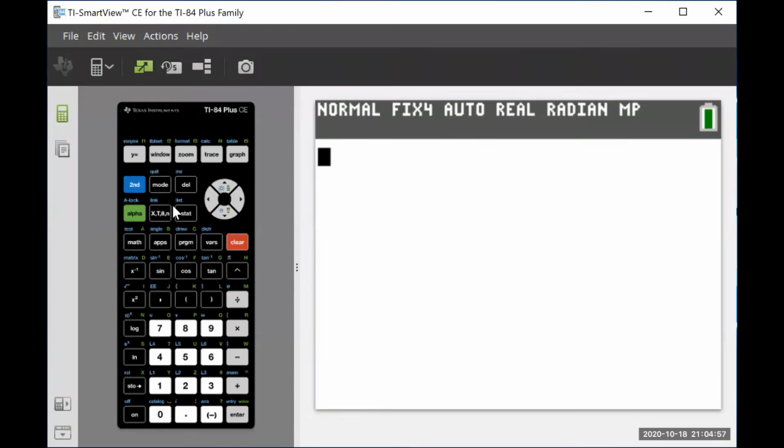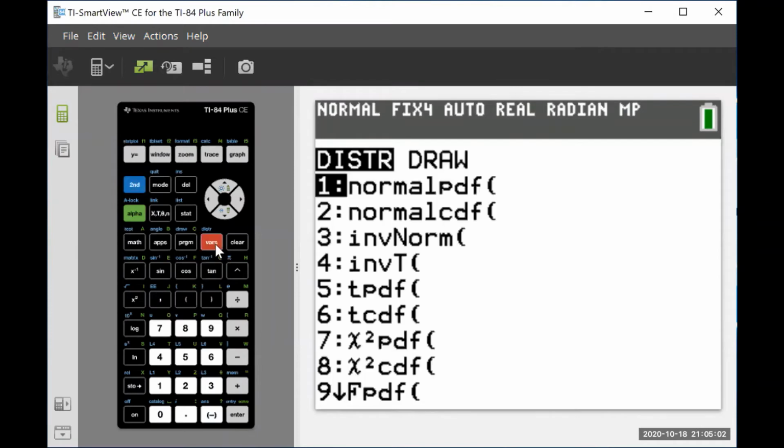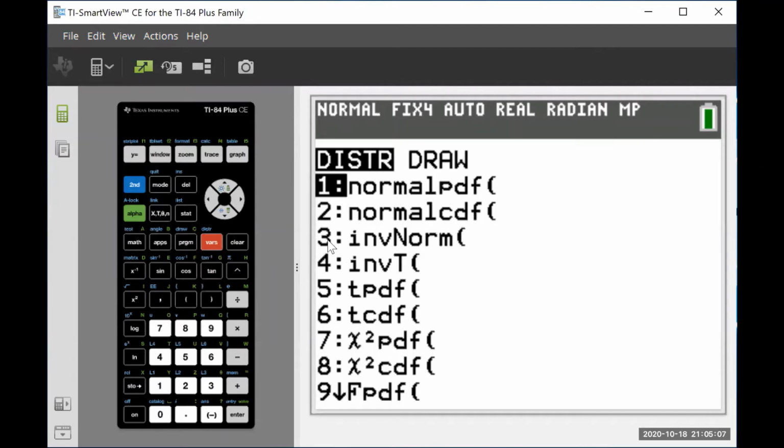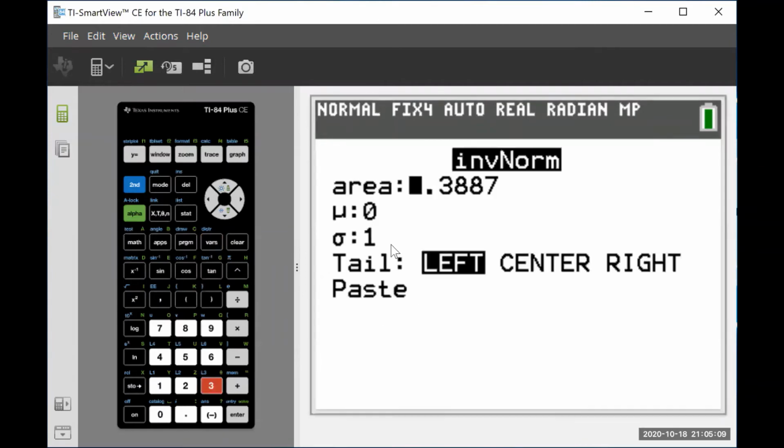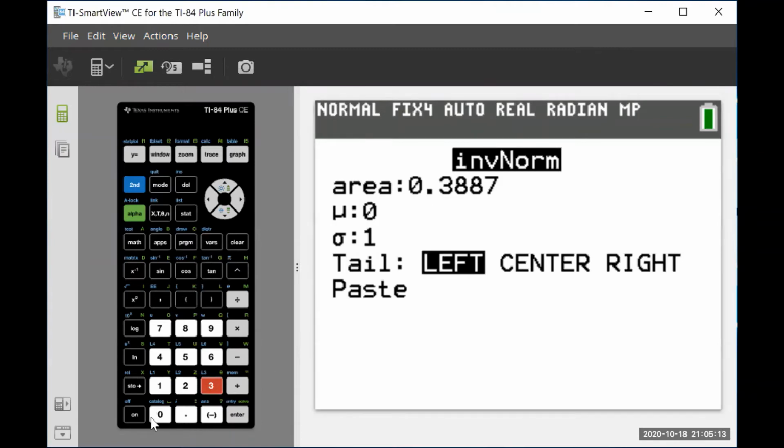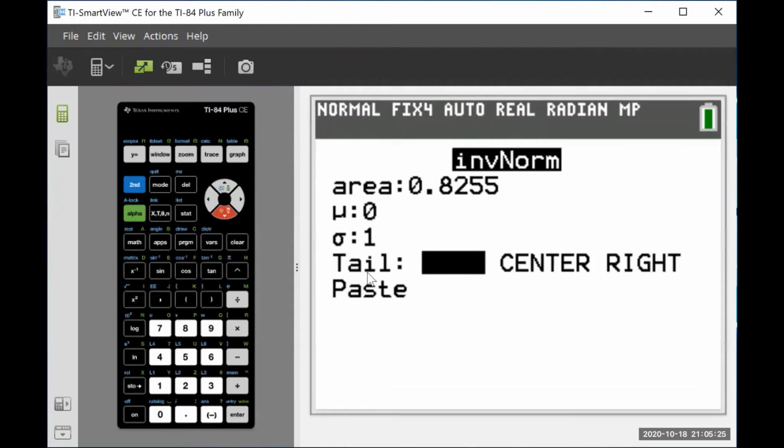In the TI-84 calculator, we go to second and then vars to access the distribution. In this case, we are looking for inverse normal distribution, which is number 3. Now here, we are going to type the area to the left of the z-score, which is 0.8255. Mean is 0 in this case. Standard deviation is 1. This is the area on the left. If you don't have this line on your calculator, that's okay, because this is already the area on the left.